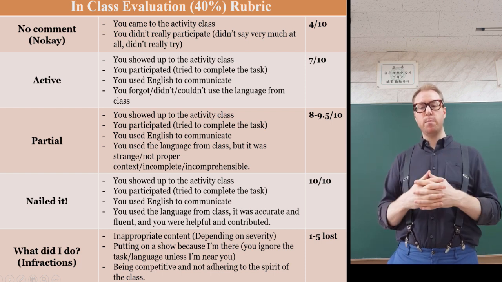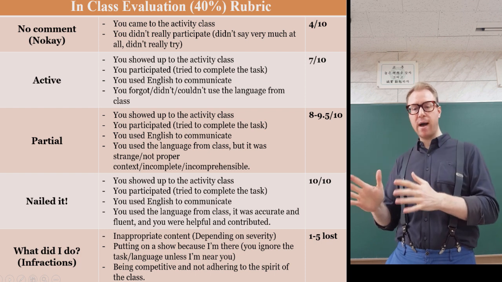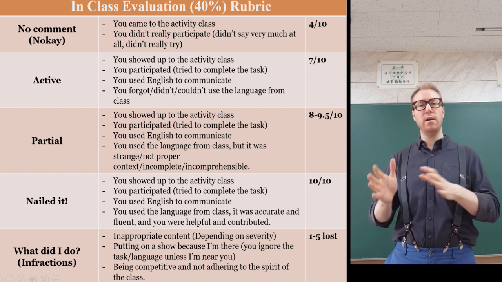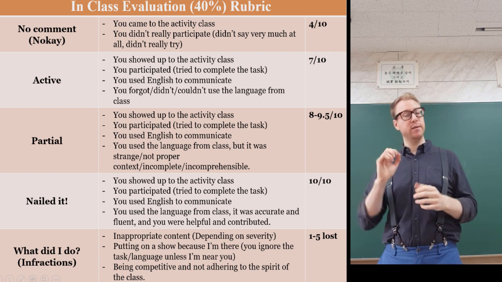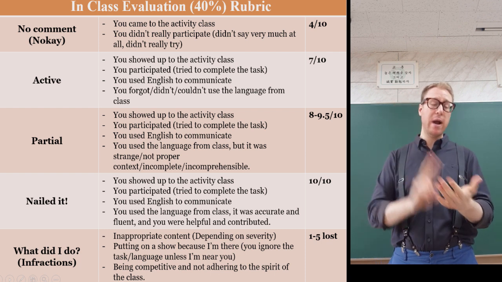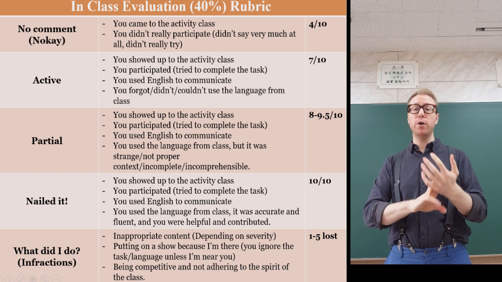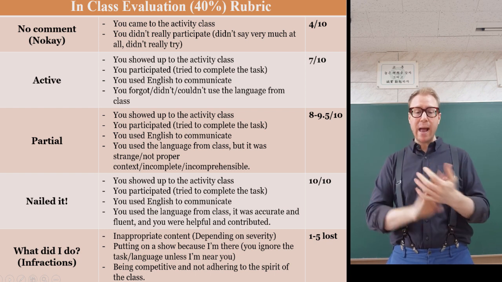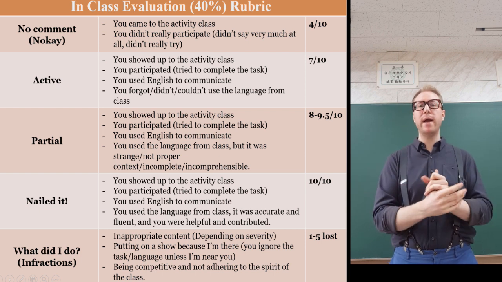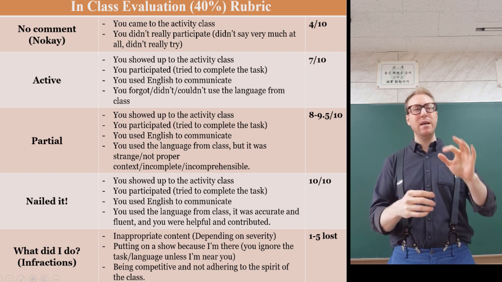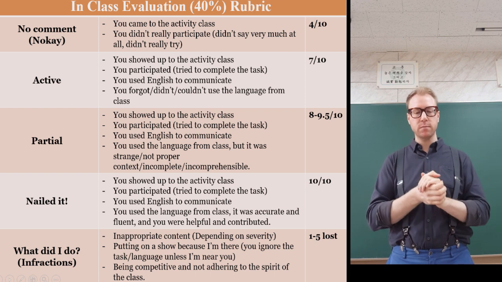That's worth between 8 to 9.5 points out of 10, depending on how accurate you were with the language. And the last one is you nailed it. You came to class, you were active, you did everything that you could to try and complete the task, you were helpful with others, you used the language and it was predominantly correct, meaning mostly correct, even if a few errors, doesn't matter.